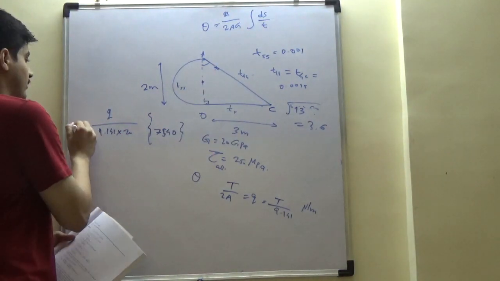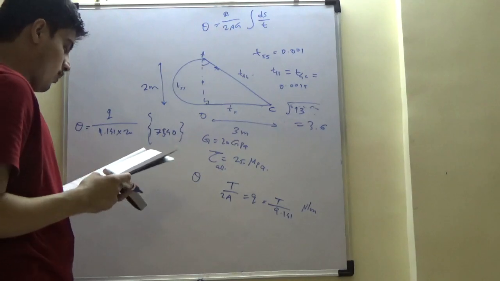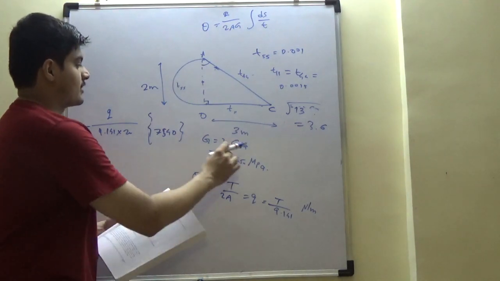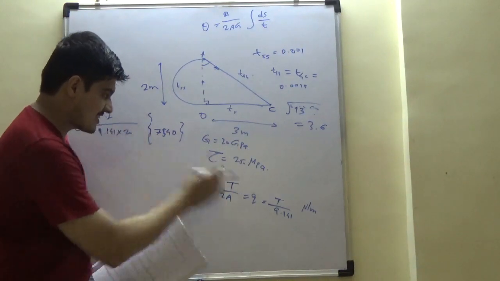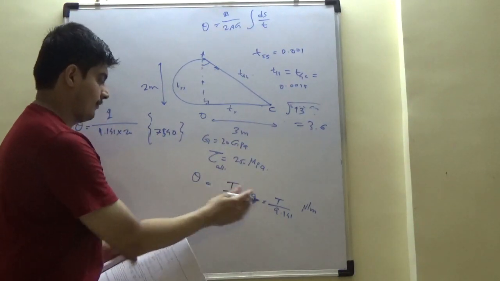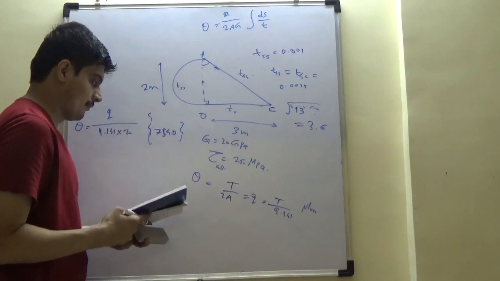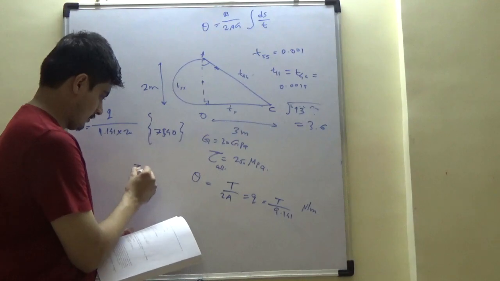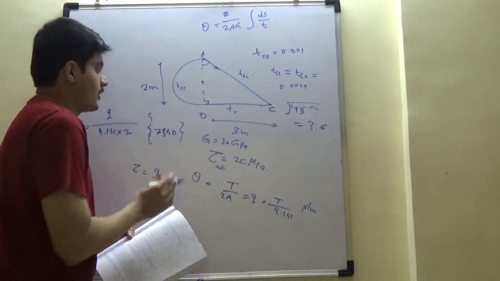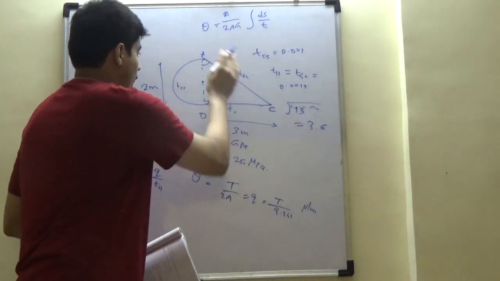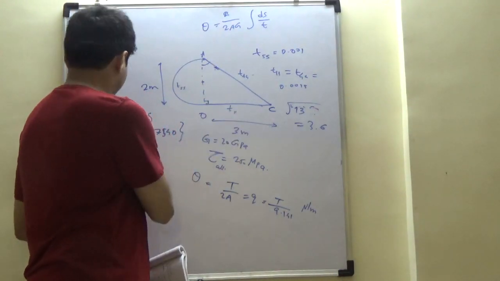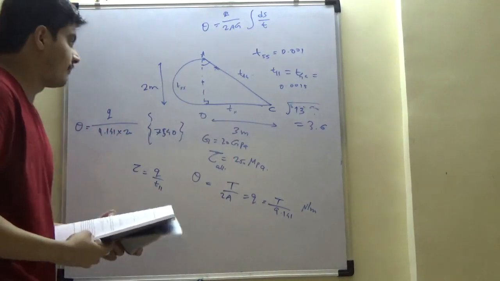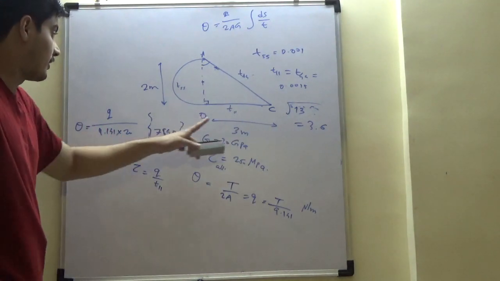This is theta. Now, once we know this, we also know from this relation of theta, which is T upon 9.14, the shear flow. If I compare these two, shear flow is uniform across. So q upon T11 is the stress which is allowed. Now you have to be very smart.